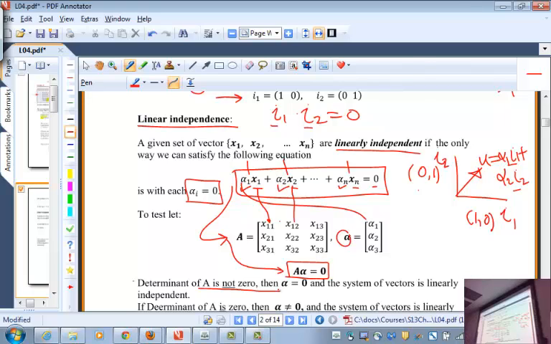If the determinant of A is not 0, it is not singular, then the only way that you can satisfy that equation is by setting alpha equal to 0. So the test for linear independence is to formulate this matrix using the vectors along the columns, and then calculate the determinant of that. If the determinant comes out to be non-zero, those are linearly independent. Okay? So a fairly simple test.